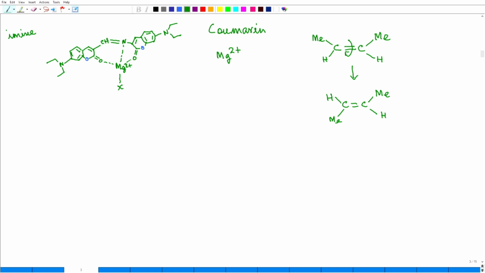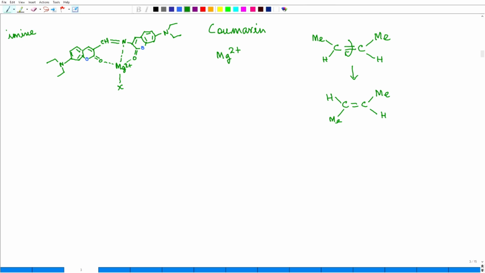So, I encourage you all, whenever you do fluorescence, not only PET, there are many other mechanisms which you must look into. Then I am telling you another mechanism, very important. Suppose I have this compound.